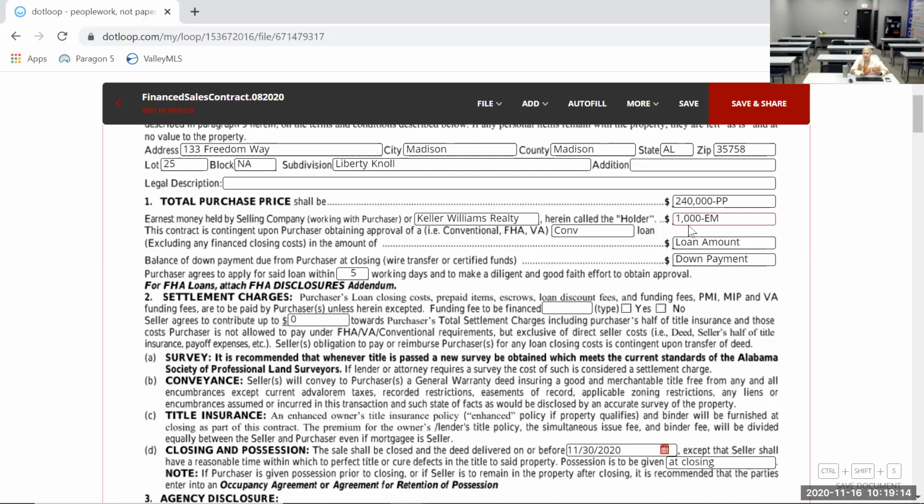Again, we're not subtracting anything in this one. We are just putting the matter of fact numbers right here. The contract is contingent upon purchaser obtaining approval of blank loan. In this case, I put conventional, but you could have FHA, VA, USDA, a lot of different loan types.